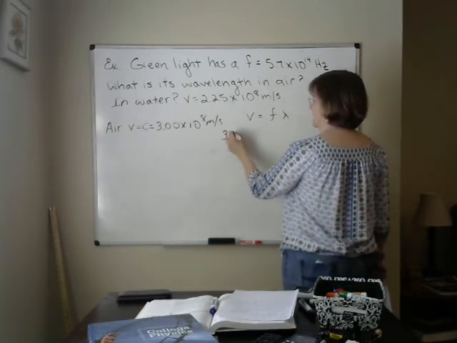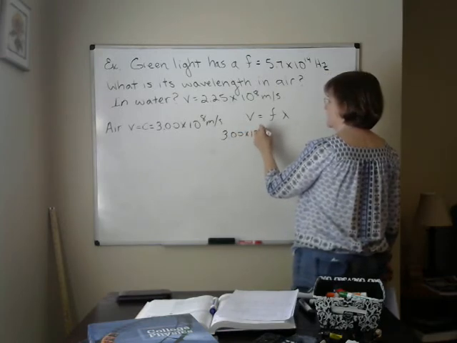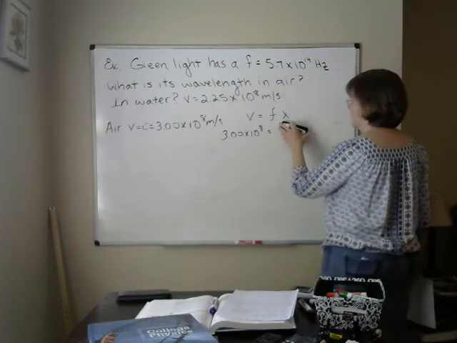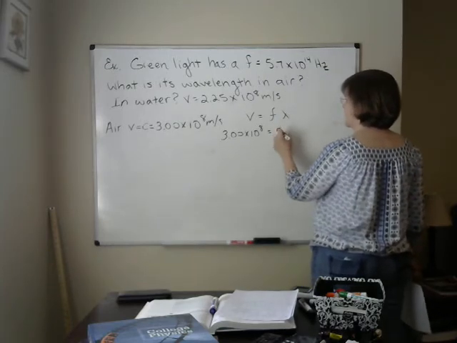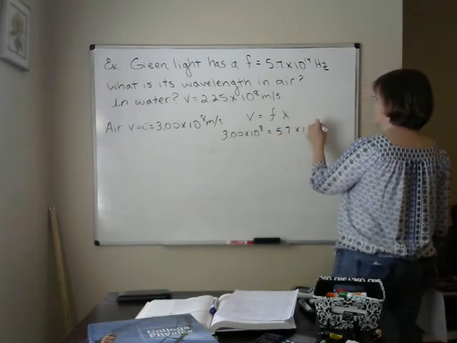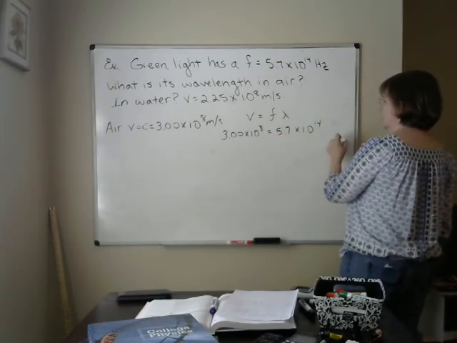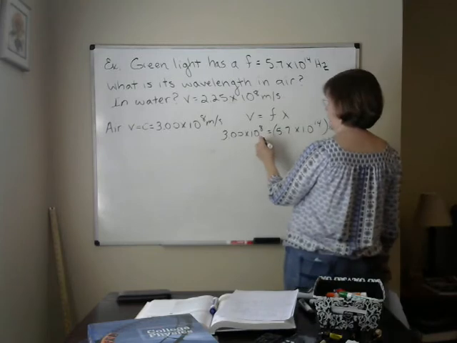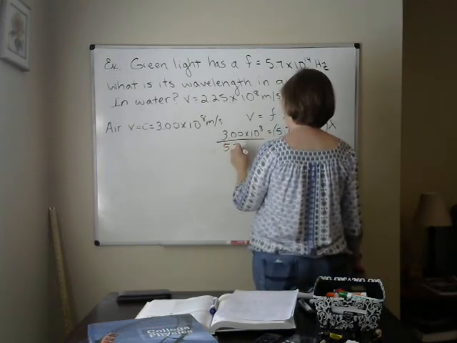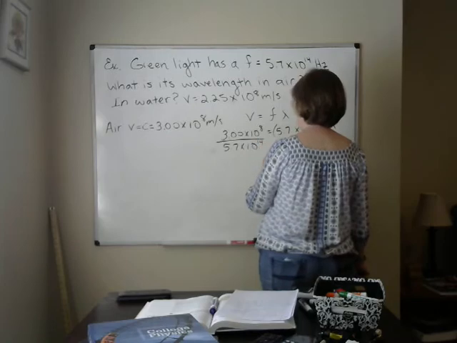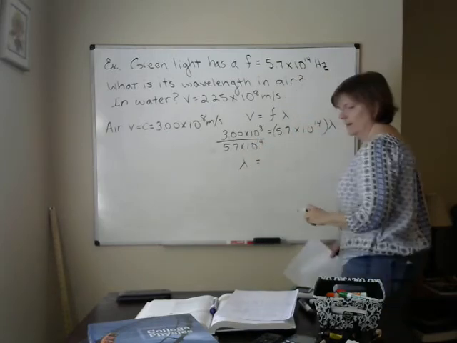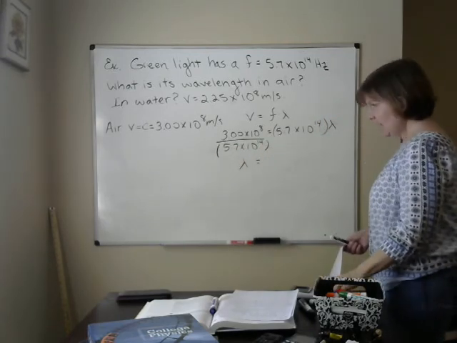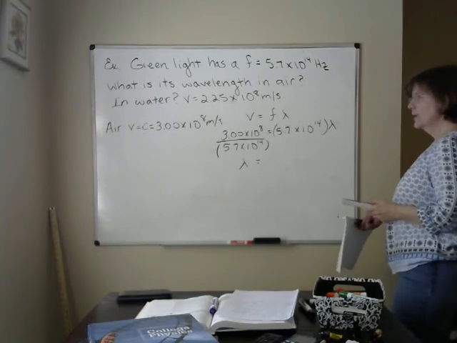So if it's going at the speed of light and its frequency is 5.7 times 10 to the 14th times lambda, I need to divide all of this by 5.7 times 10 to the 14th. I need to be really careful to divide by that correctly. I think it should come out to be a few hundred nanometers.